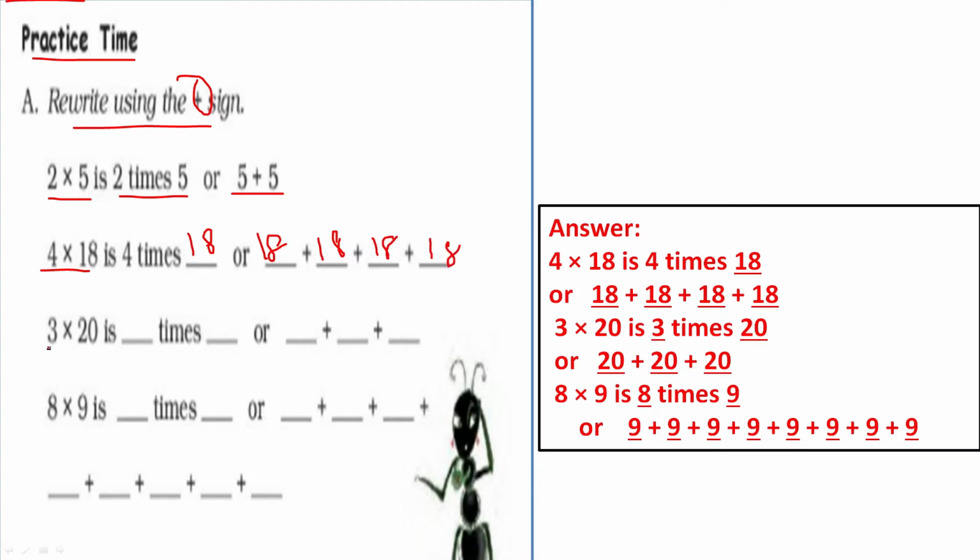So 3 multiplied by 20 is written as 3 times 20. We can say 20 plus 20 plus 20. 8 multiplied by 9, 8 times 9. So 9 plus 9 plus 9 plus 9 plus 9, 8 times you have to write.